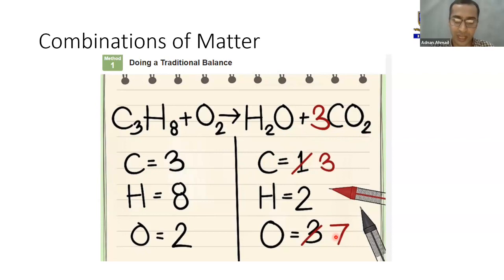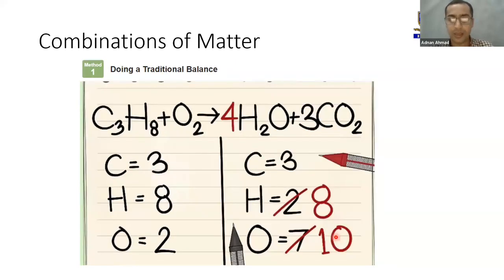Now we have another step. Now we can add 4 here and to balance hydrogens. So how many hydrogens do we have on the left-hand side? 8. So if we add 4 here and we times it with 2, we will get 8 hydrogens on this side.